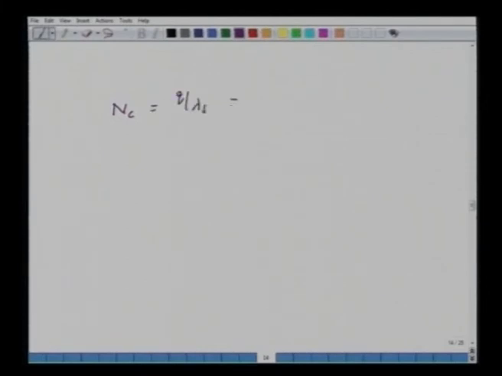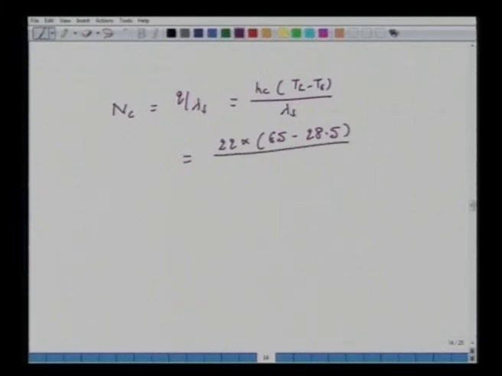But remember, now Q contains only the convective effect, Hc times Tg minus Ts, over lambda s. Hr and Hk, because of radiation and conduction, are neglected. Now we know this quantity: the air temperature is 65 degrees centigrade, Ts we just calculated as 28.5 degrees centigrade, and lambda s should now be calculated at this 28.5 degrees centigrade.